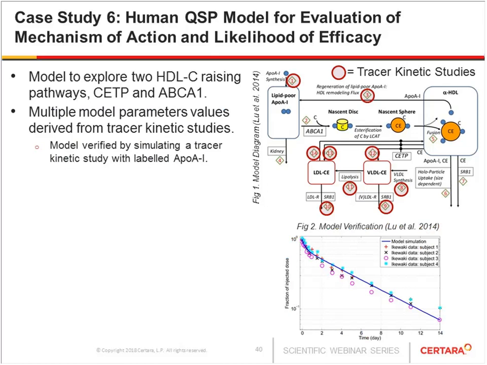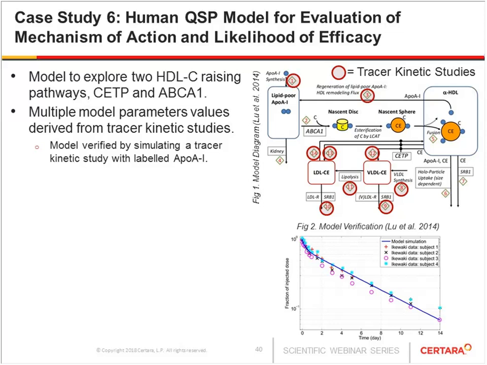I also really like from this example the fact that they verified their model by conducting a virtual tracer kinetic study. So without using any tracer kinetic data in that sense, they simulated a tracer kinetic study of IV-administered ApoA1, and they overlaid the predictions from their model, so their simulated data, on top of the observations from a clinical study, which had not been used for building the model.